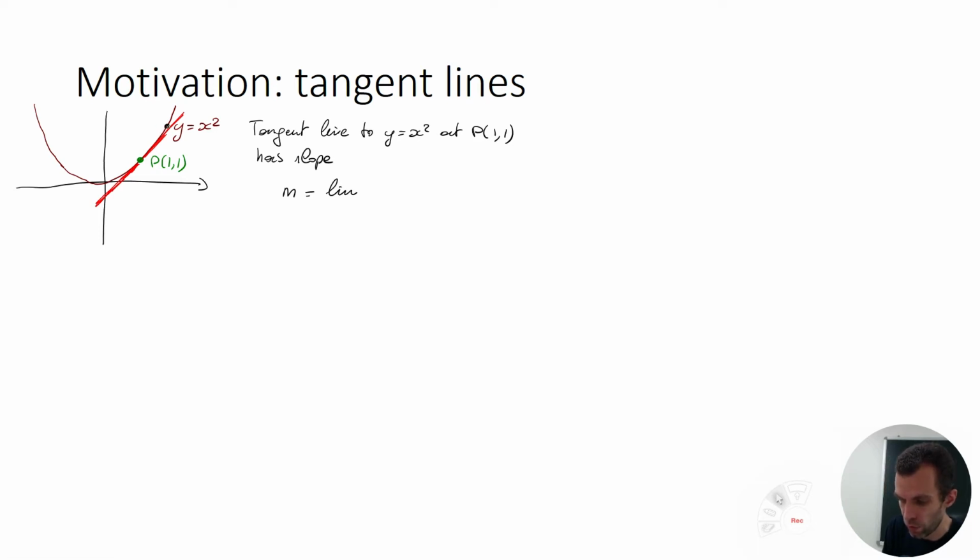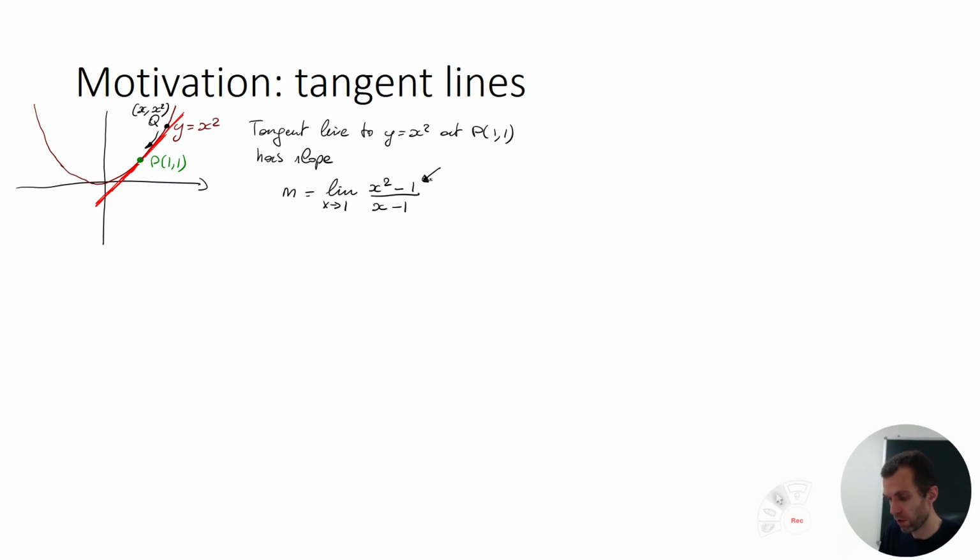Well, we took another point Q and then we let Q approach P. So Q has coordinates x, x squared. And so the limit becomes the difference of the y values, x squared minus 1, divided by the difference of the x values, x minus 1, and then x goes to 1.